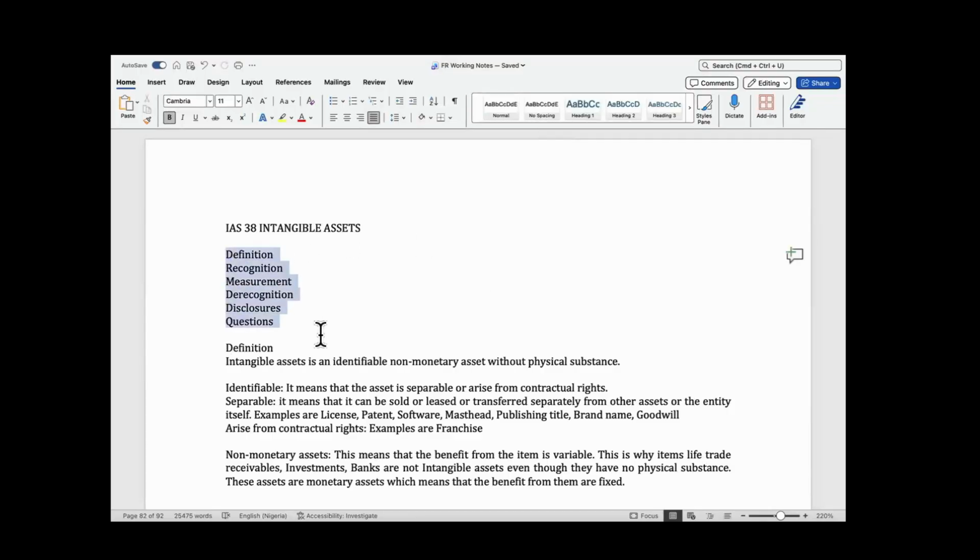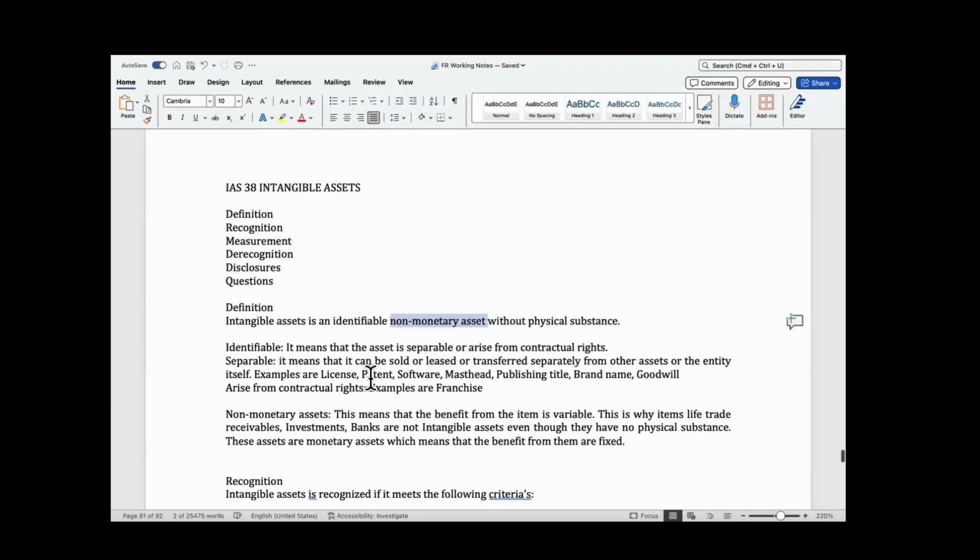Particularly, the recognition, measurement, and disclosure requirements are absolutely the same as in IAS 16, except some few areas that we clarified. Of course, the definition was very different. We explained identifiable, we explained non-monetary asset.